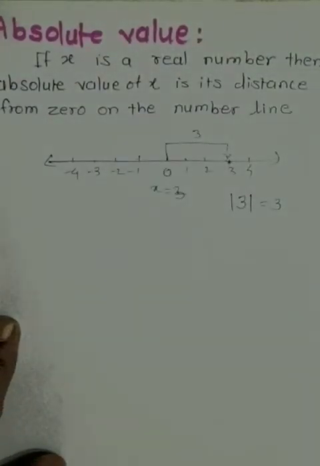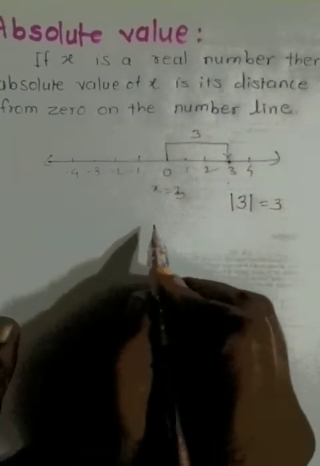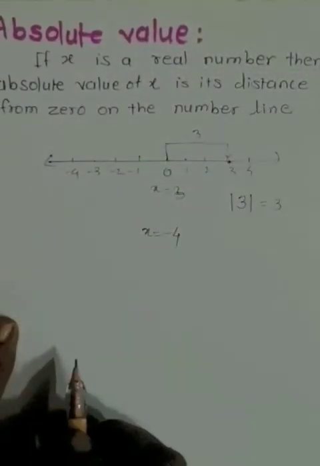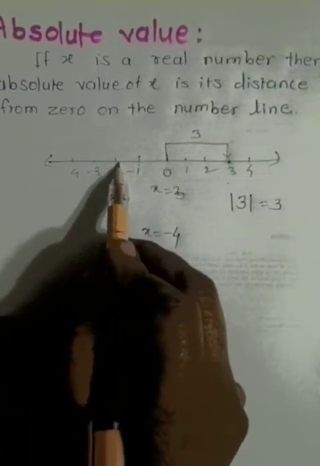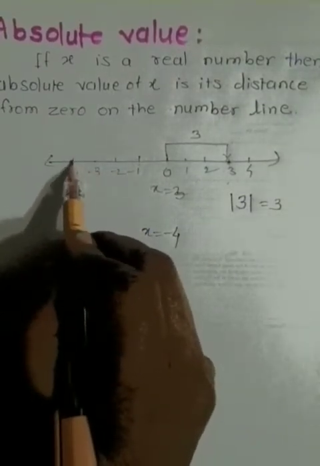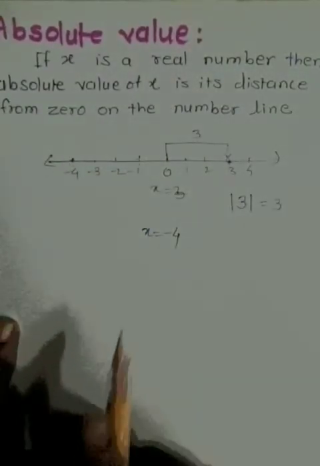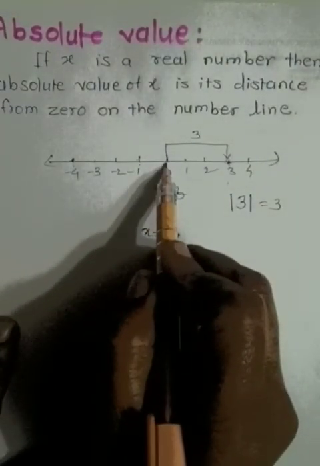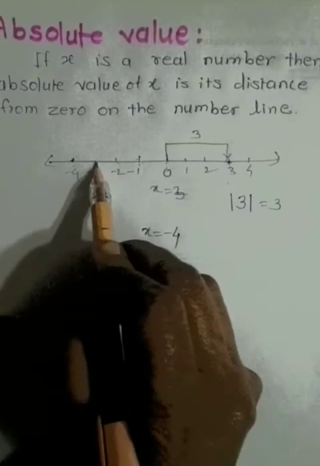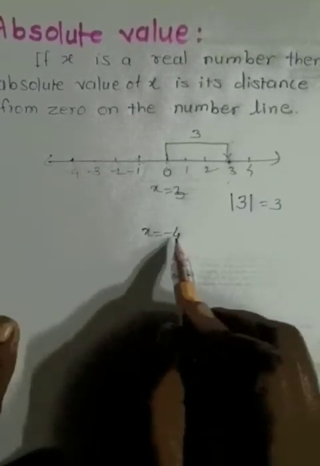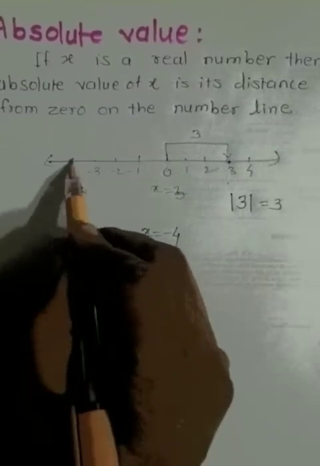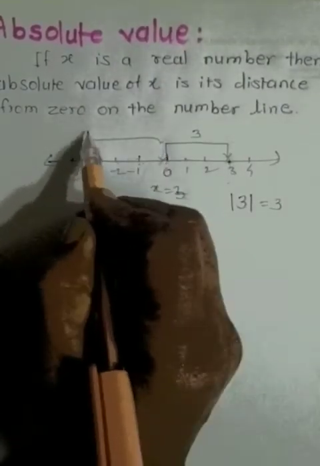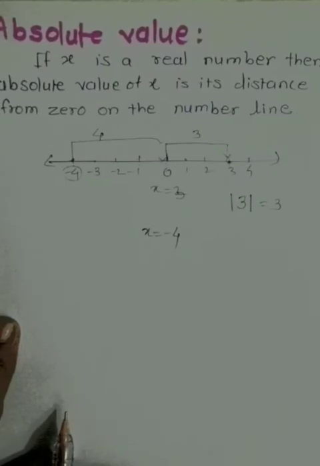Suppose we take the real number x equal to -4, meaning -1, -2, -3, -4; we take this point as the real number. Now we count the distance from 0: 1 unit, 2 units, 3 units and 4 units. So the distance of -4 from 0 is 4 units, because distance is always positive, as we already found in the number line concept in math second.